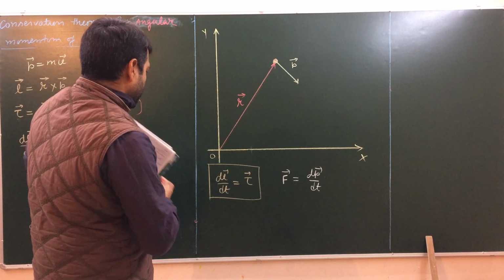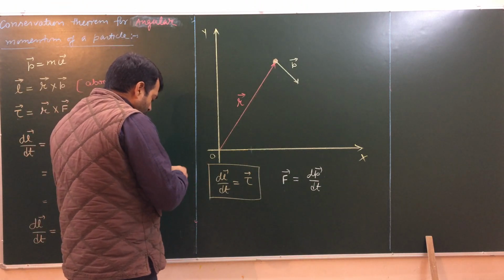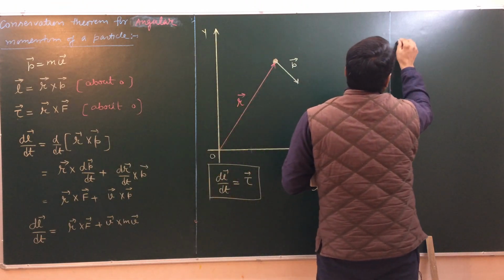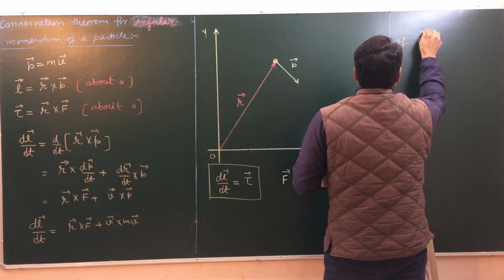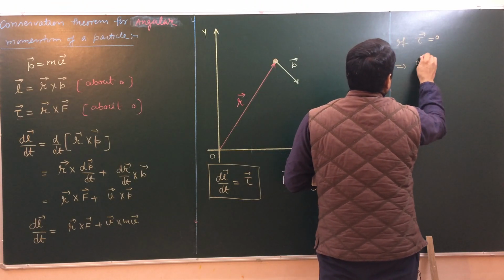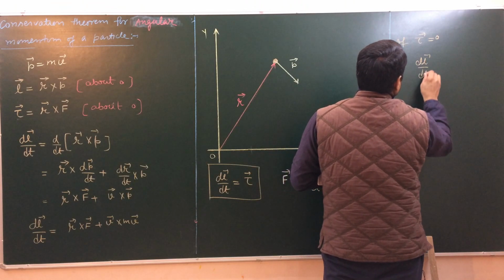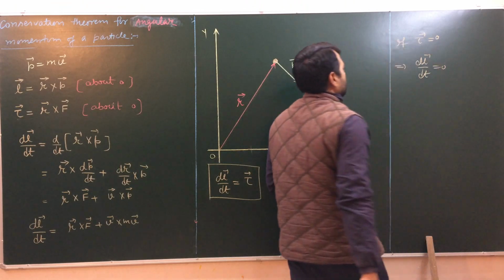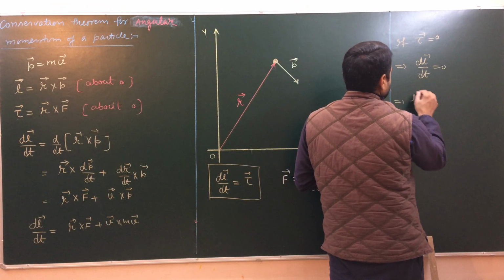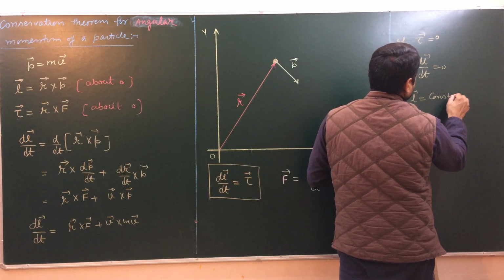Now student, again, if tau equals 0, then we can say dl by dt equals 0, or l is constant.